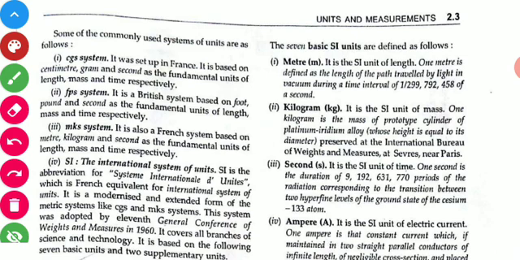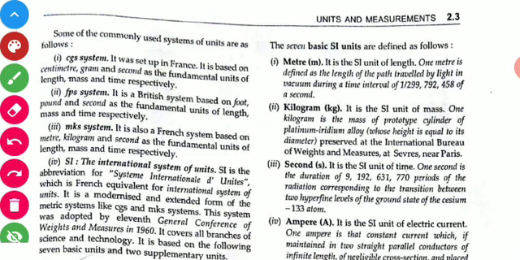So in trading, we have to use one unit. Suppose England wants to trade with France and wants to buy some quantity. Then they have to specify the mass required, but according to England it should be in pound, and according to France it should be in kilogram or gram. There is the problem.